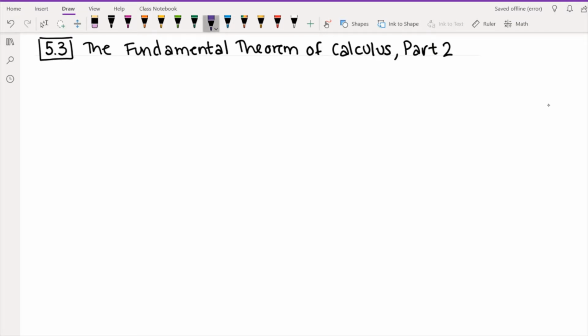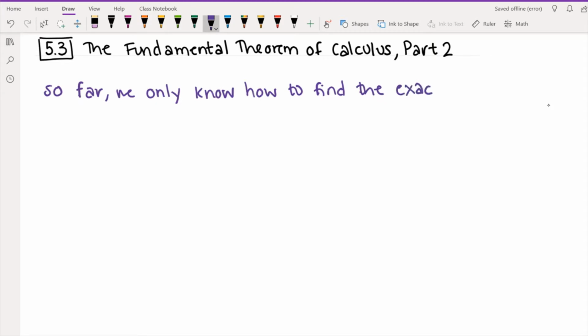So I just want to set the stage a little, just remind you what we have learned so far in terms of computing integrals and finding areas. So far, we only know how to find the exact value of an integral for certain functions, right?